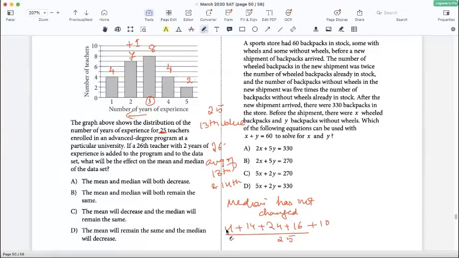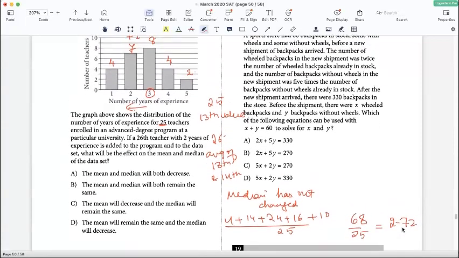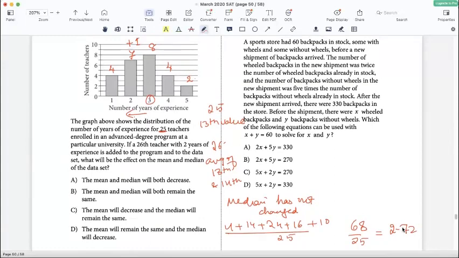So 14 and 4, 18, 18 and 24, 42, 42 and 16, 58, 58 and 10, 68. 68 by 25. So that comes to, let's plug it in the calculator, 2.72. And now the new total will be this plus another 2.